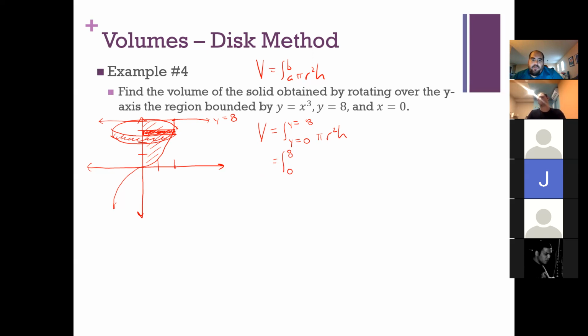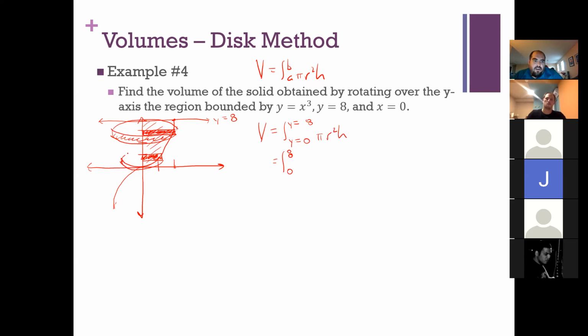All right, now let's deal with the radius. So maybe I'll draw one more region in here near the bottom. Oh wait, Professor, I have a doubt. When you look at it, shouldn't it be 8 to 0, because the height is decreasing, right?